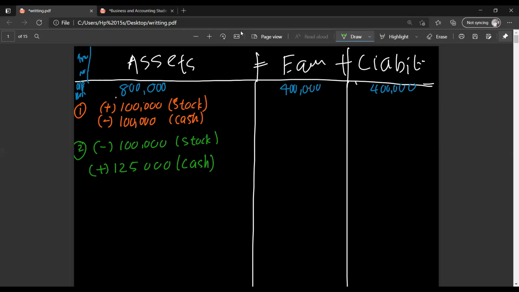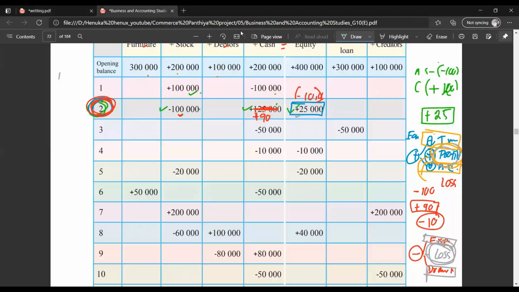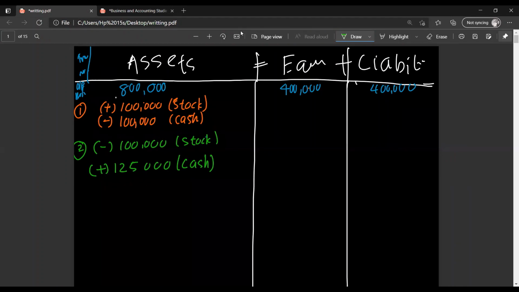You can use either this way or this descriptive way. So the equation is unbalanced here. Plus 25,000 on this side, because of the profit generated. So we put it here and write profit, not income. Understood?